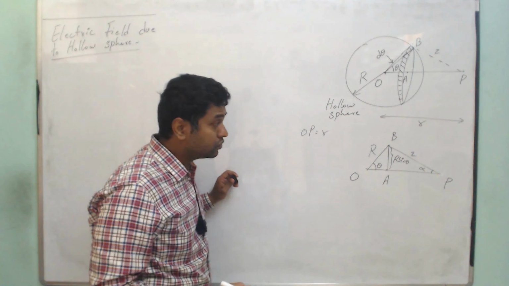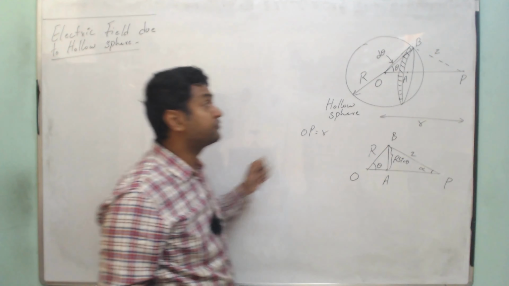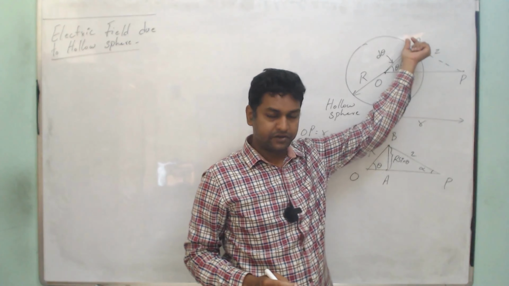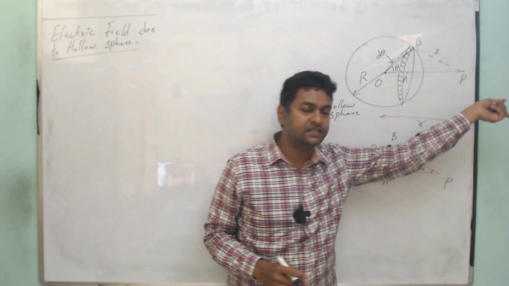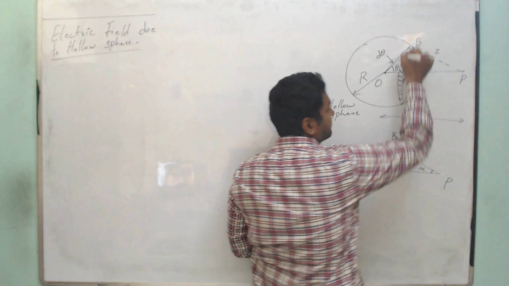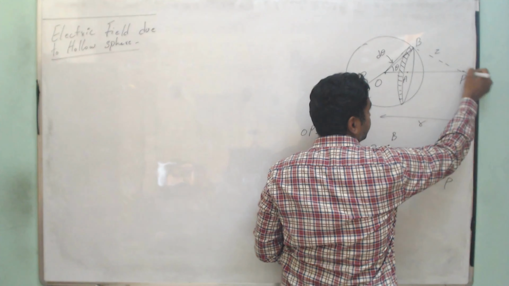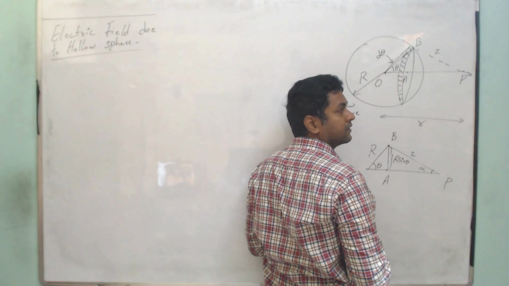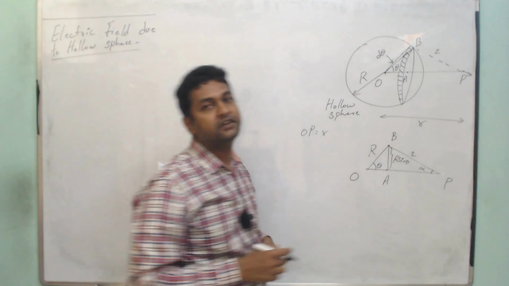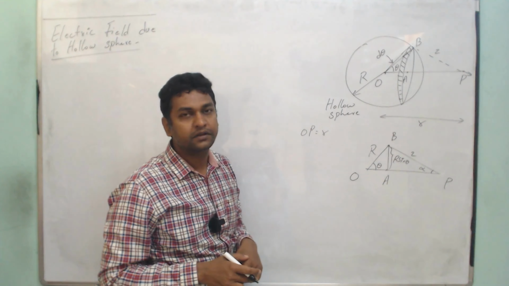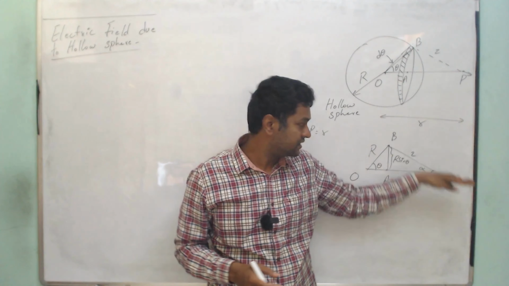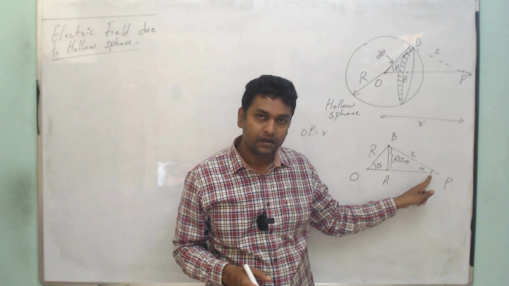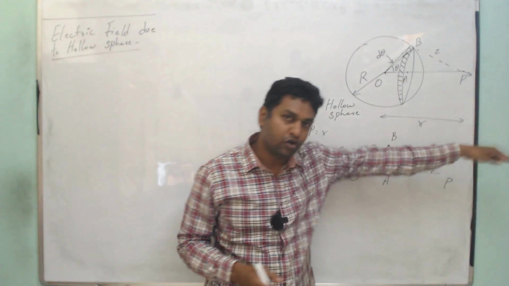Now, if due to each element I say it is dE in this direction, away from the element, we need to take components. That component, sin alpha, will cancel, and only cos alpha will be there.